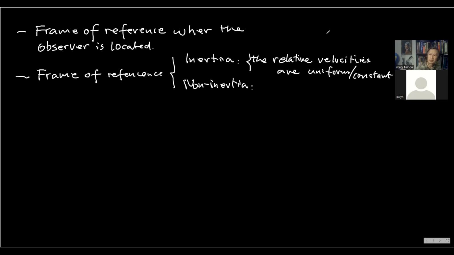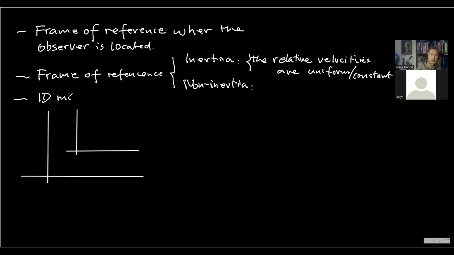So let's draw the two frames of reference. This is one, that's how people draw the reference frame. There's another. I just consider one-dimensional motion, so we are confined to discussing one-dimensional motion. In other words, the object only moves along one axis.